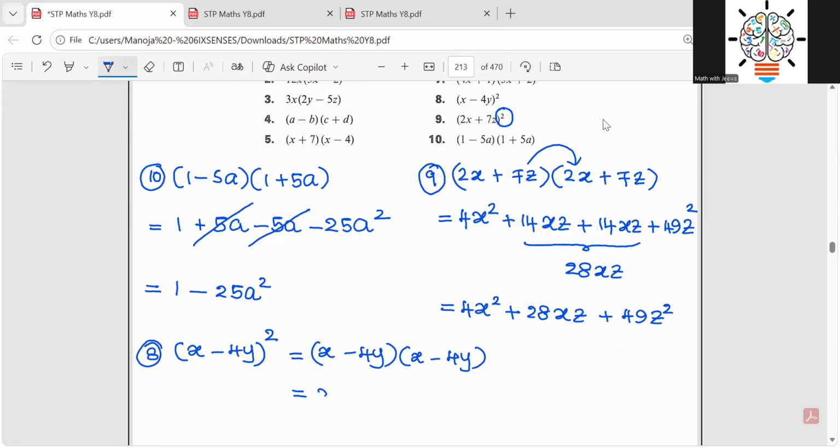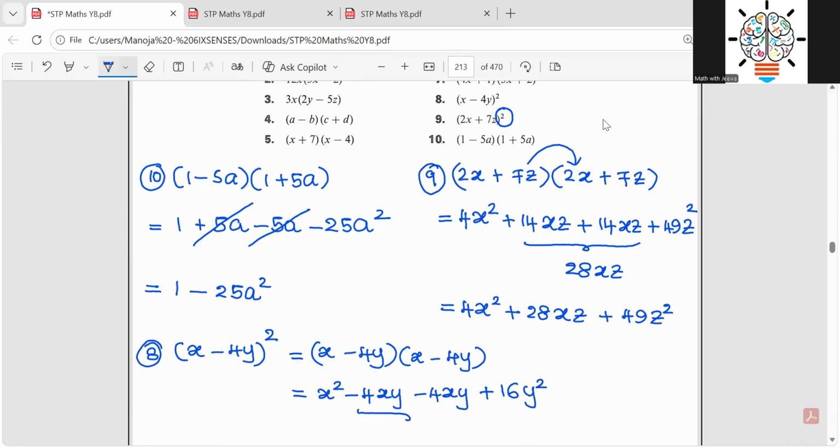So then you write x squared minus 4xy minus 4xy. Minus 4 times minus 4 plus 16, and y squared.